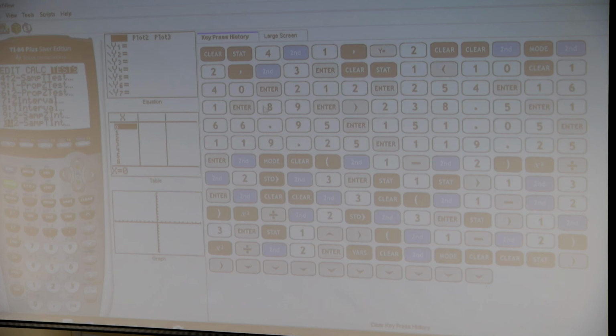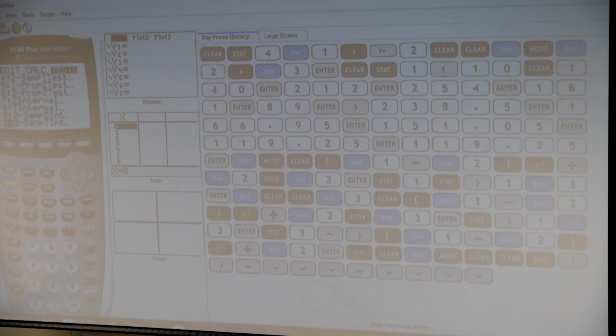The chi-square GOF test, not the chi-square test, chi-square GOF. So put it in there and you should get the same answer. The test statistic would be 145.29 and the p-value is 2.08 times 10 raised to negative 30. That's it.